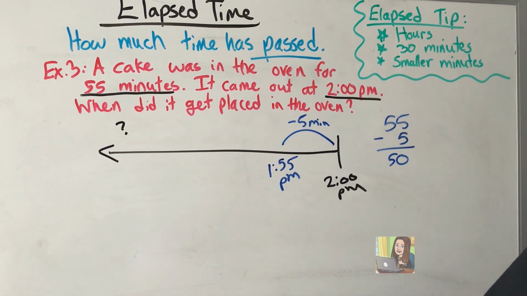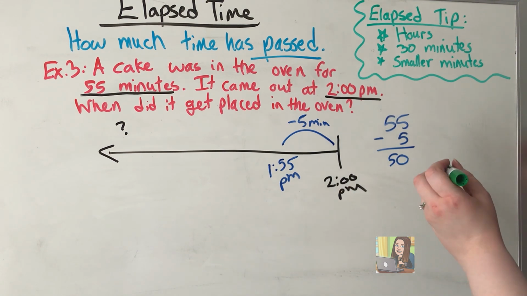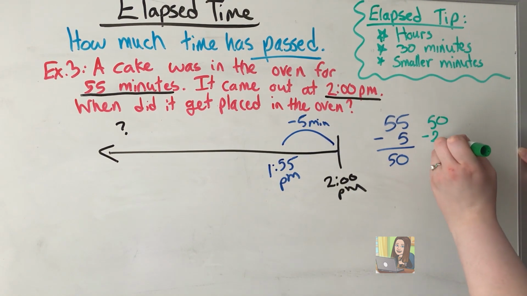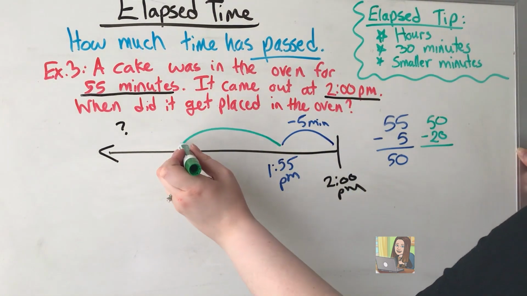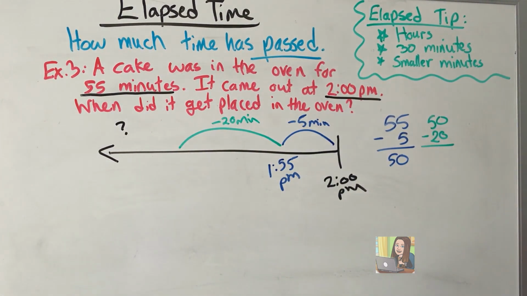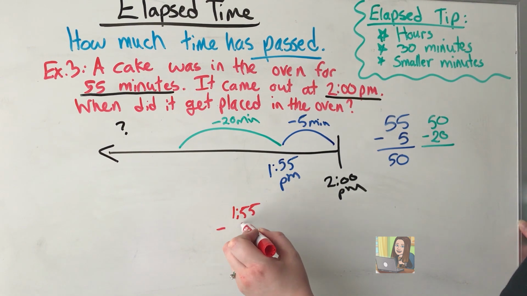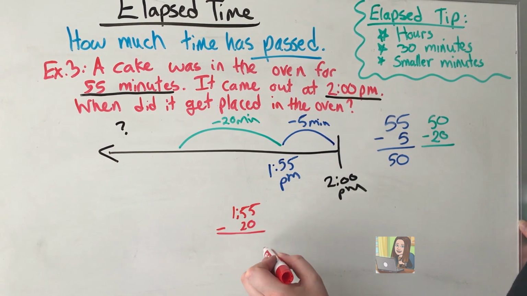I'm not quite there yet. I need to keep subtracting until I get to 0. Let's take away 20 minutes. Well, that's a little tricky. So 1:55, and I want to take away 20 minutes.